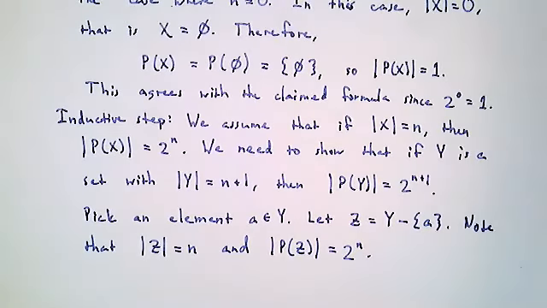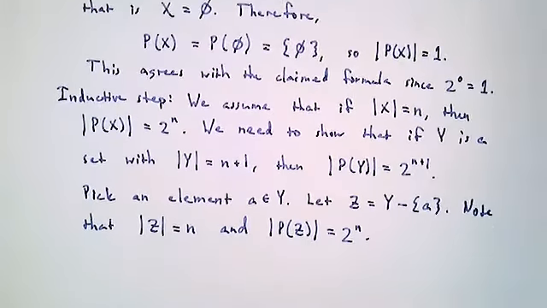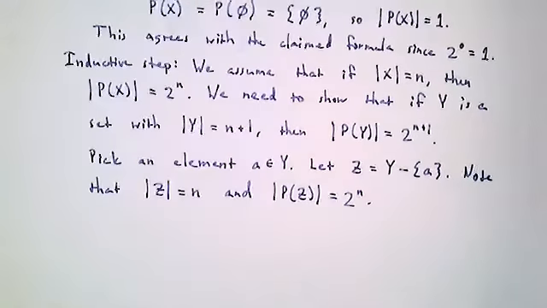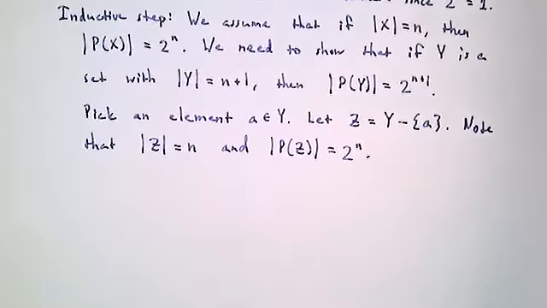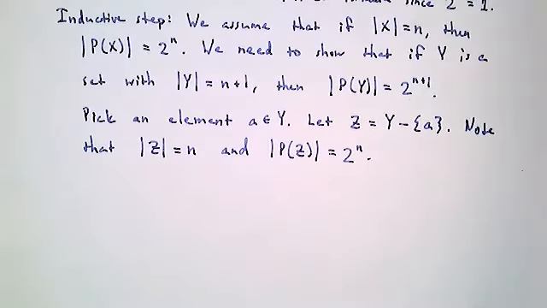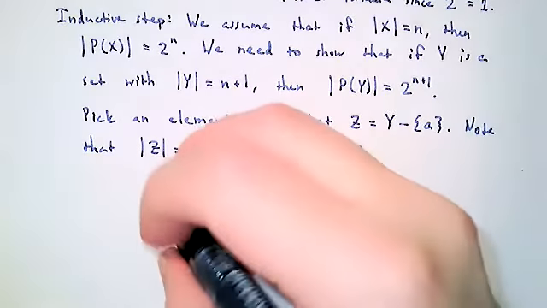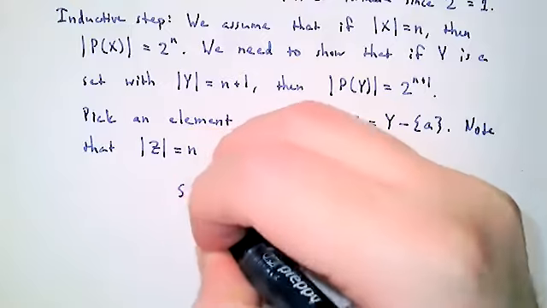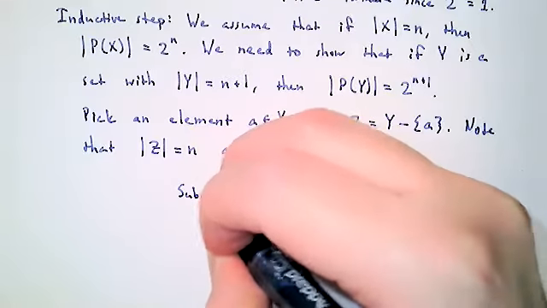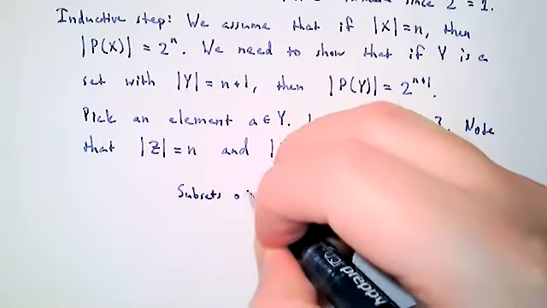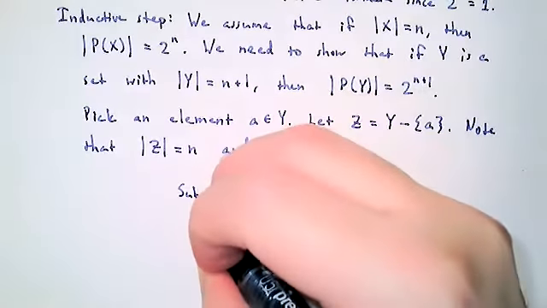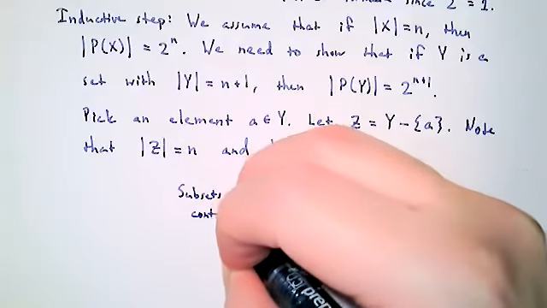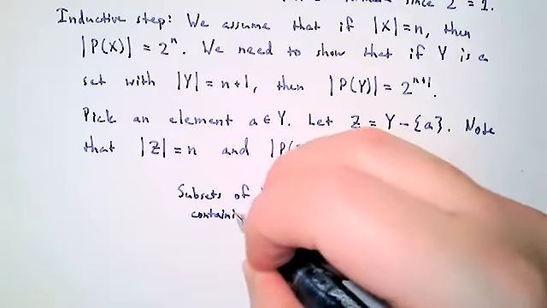Okay, so how does this help? I'm going to make a little table here, or a couple columns, that lets us compare subsets of Z with subsets of Y. But for the subsets of Y, I only care about the ones that contain A, where A is an element.